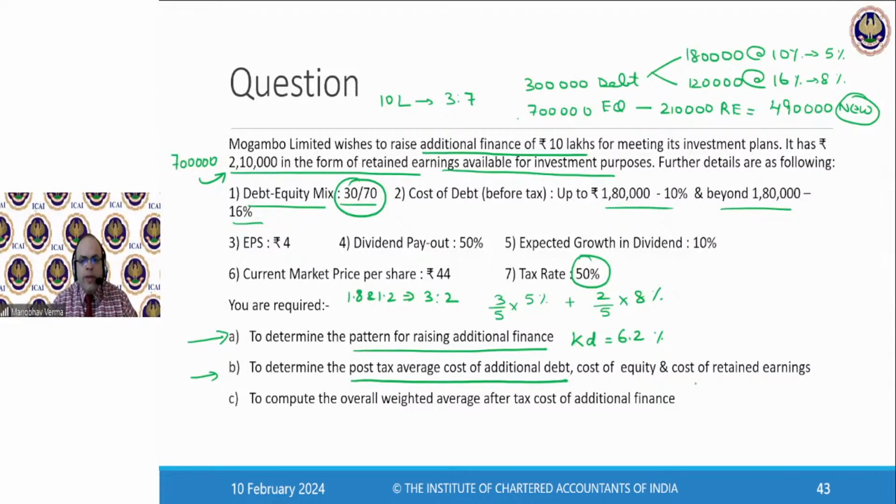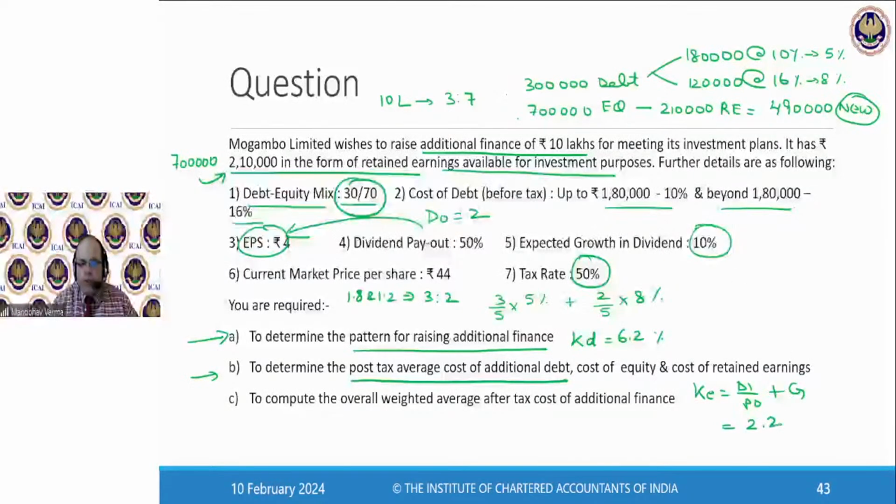So what is the cost of equity, guys? Cost of equity would be D1 upon P0 plus G. What is D1 for us? Dividend payout is 50%, right? So in this question, they have given us an EPS and a dividend payout. So dividend D0 is 2, growth is 10%.